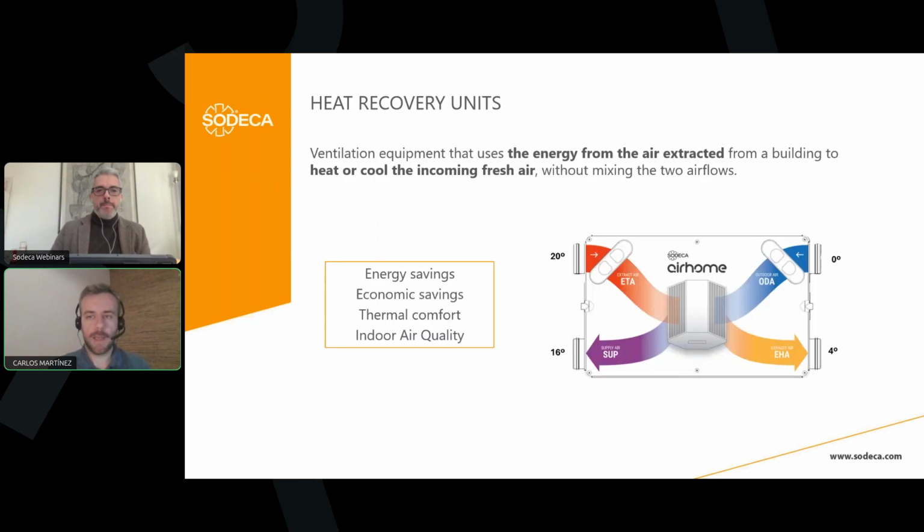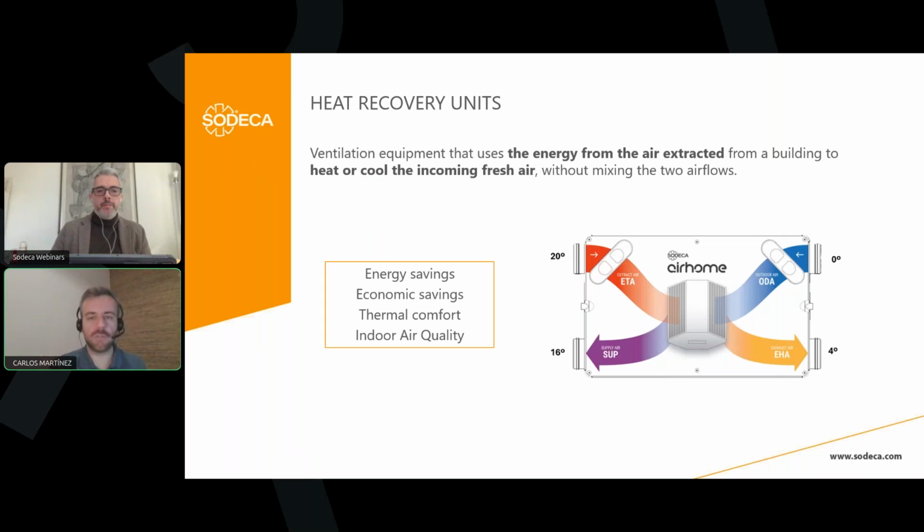So before I start with the design of the system, let's speak about the most important part of the system, that is the heat recovery unit. What is a heat recovery unit? Okay, a heat recovery unit is equipment that, first of all, has 2 different fans.